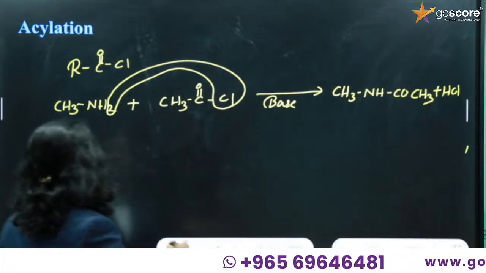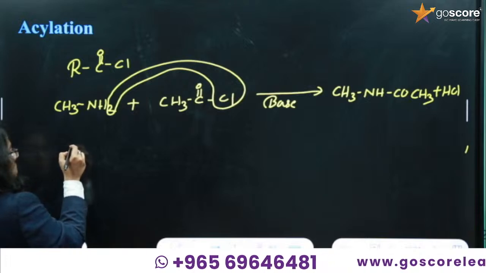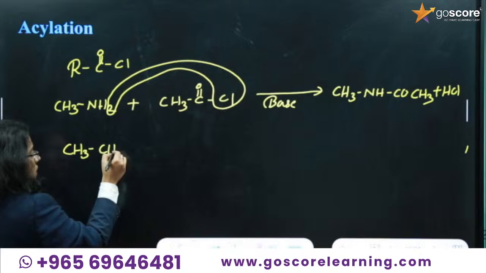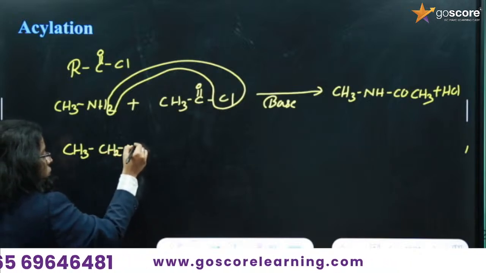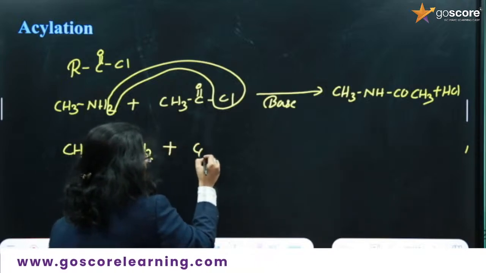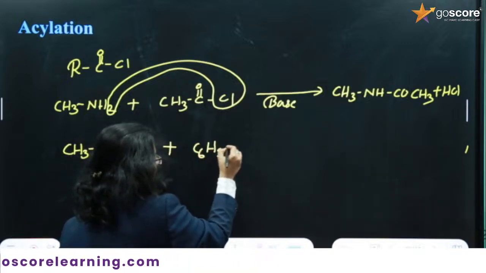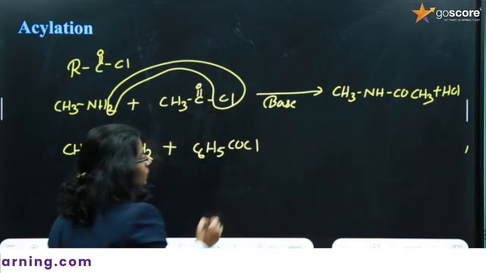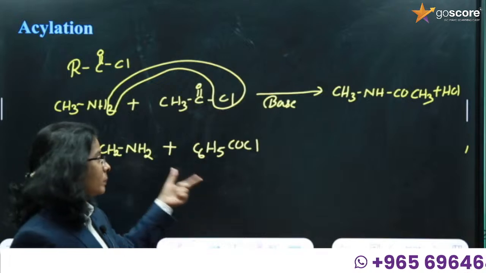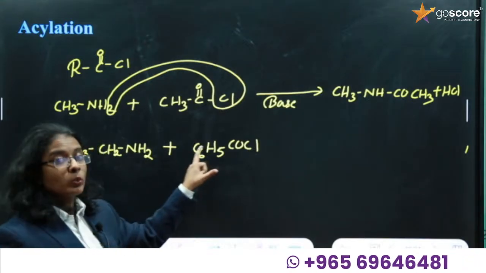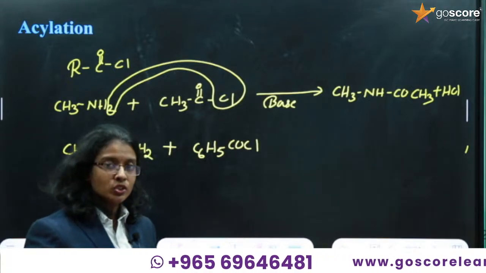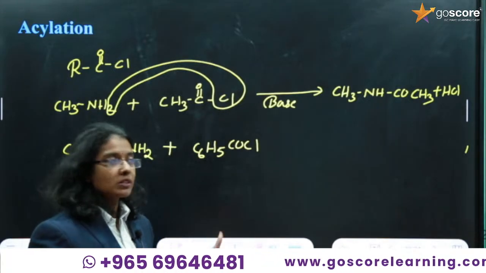Okay. Next example: CH3CH2NH2 on reacting with C6H5COCl. What is C6H5COCl? It is benzoyl chloride. Amine reacting with benzoyl chloride is called benzoylation.